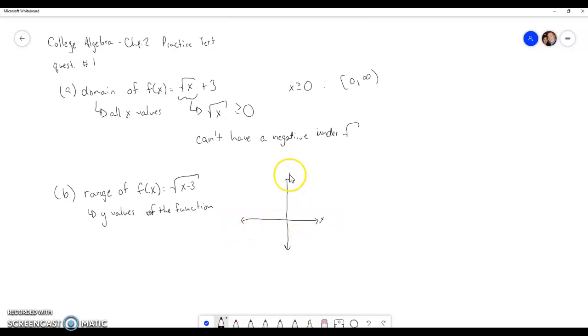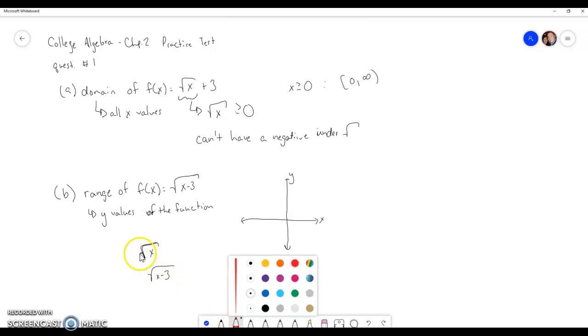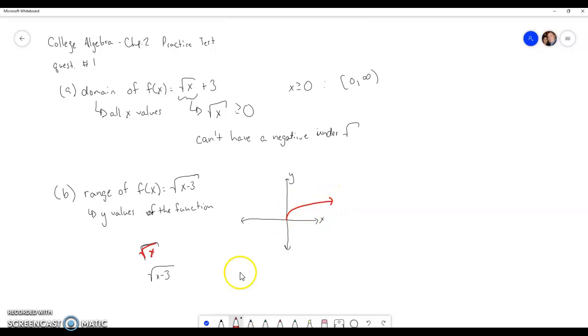So we have x, we have y. Okay, so the parent function is that square root of x, right? Now remember, since we're doing the square root of x minus 3, the square root of x function looks something like that, right?